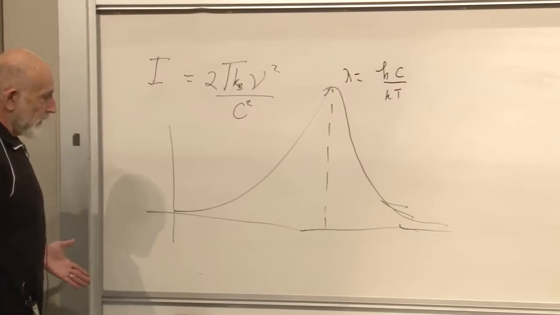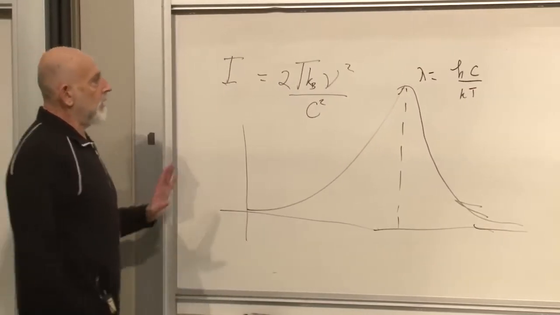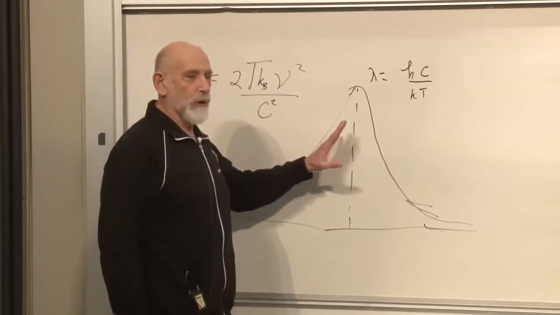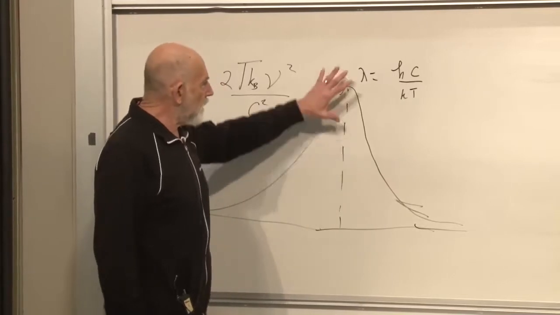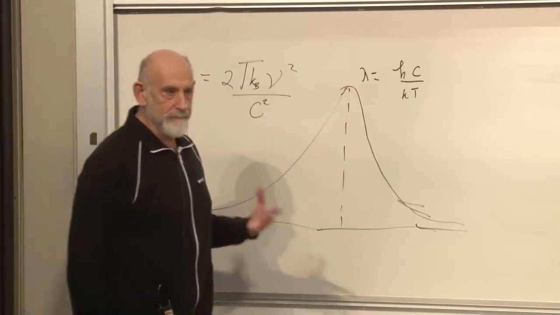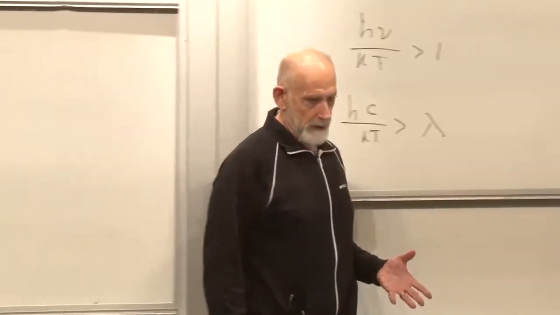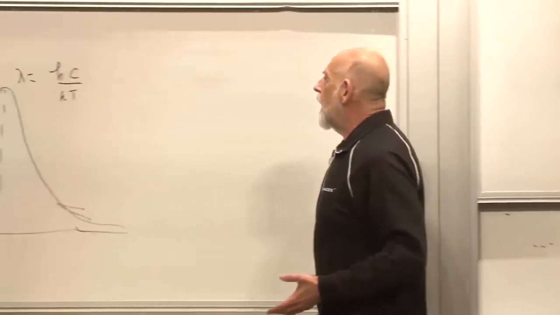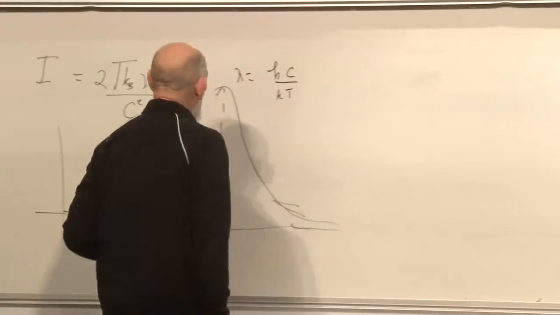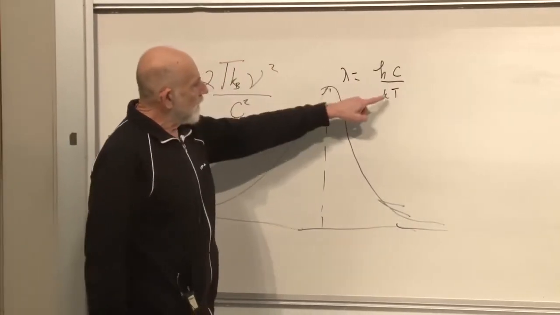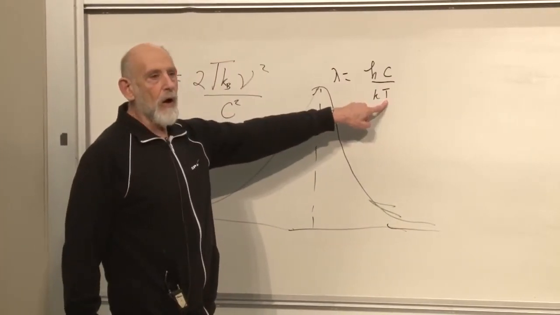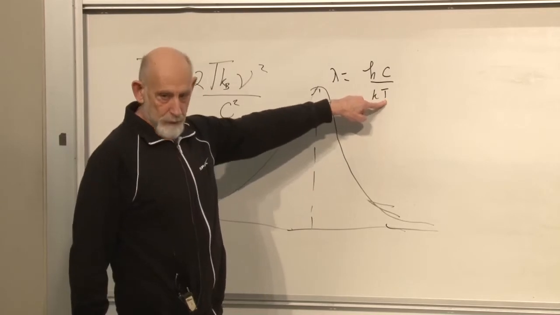And more than that, that's where most of the power is. Most of the energy density, or at least the largest part of it, is contained in wavelengths that are proportional to 1 over the temperature.